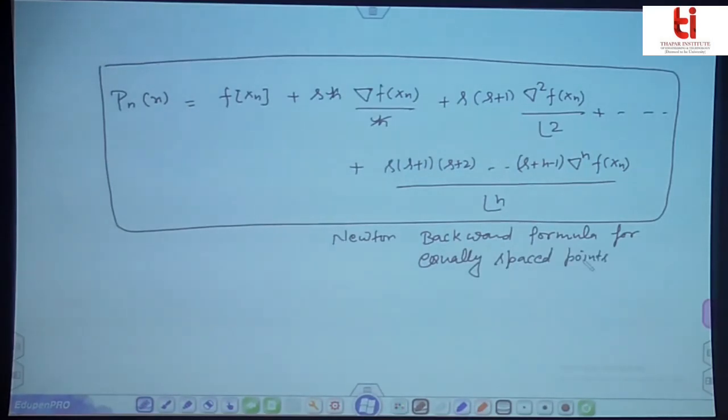Okay, so let's do one example based on it.